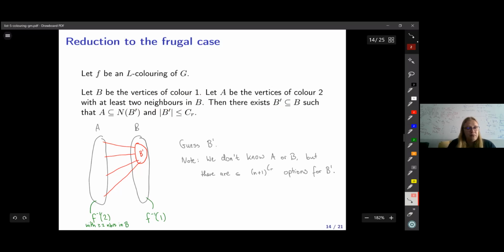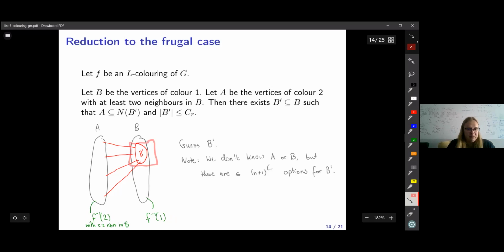So we have the set A, which is vertices colored 2 with at least two neighbors colored 1, and we have B, which is vertices that are colored 1, and neither of these sets are sets we can enumerate because there are way too many possibilities. But B prime is a set of constant size.